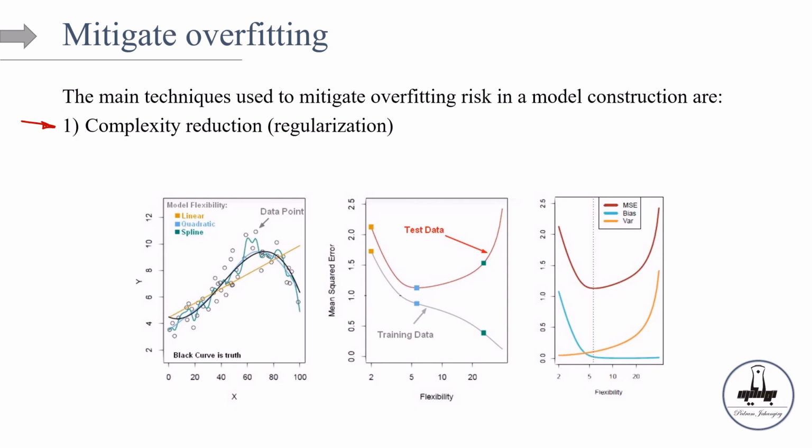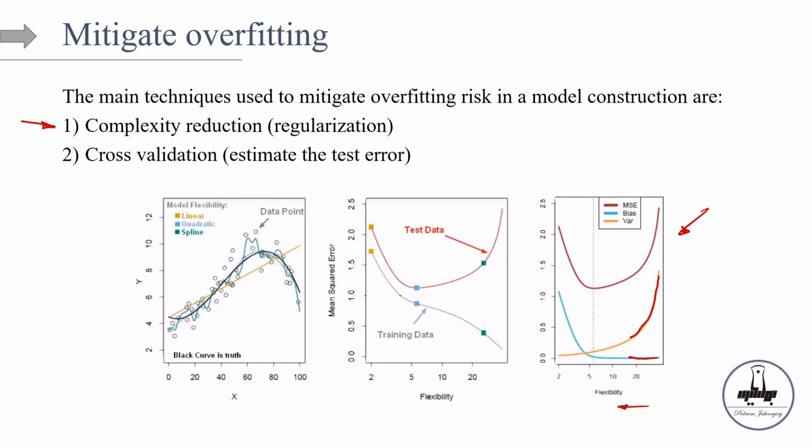The idea behind complexity reduction is that, if you focus on this chart, we want to reduce the complexity of the model, and by doing that, yes, we're going to increase the bias a little bit, but it's going to help us reduce the variance a lot, right? And a combination of the two is going to be a reduction in the mean squared error in general. So this is what we call complexity reduction or regularization. Down the road, we're going to see examples of these things in future lecture videos.